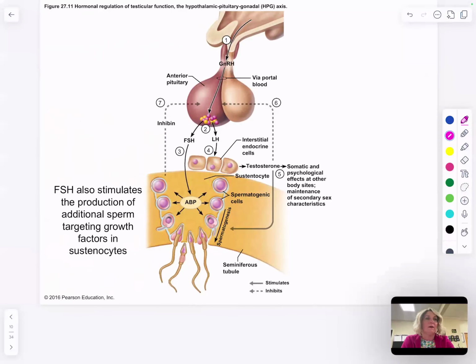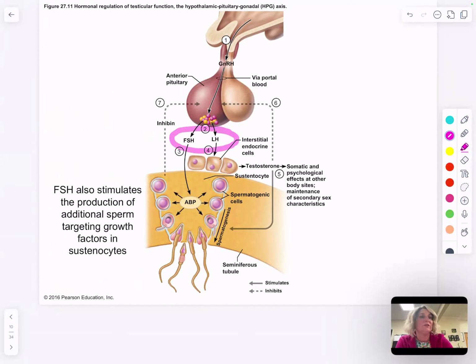Really quickly, let's look at the life of the sperm here. This is showing the role of the hormones: when the LH and FSH are released from the anterior pituitary, the LH will go to the interstitial endocrine cells and produce what? Yes, testosterone.